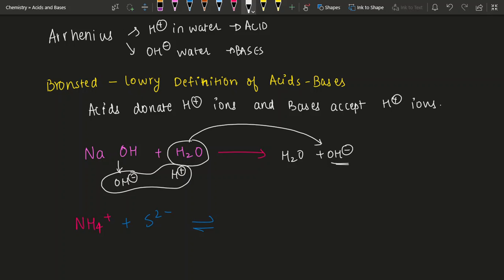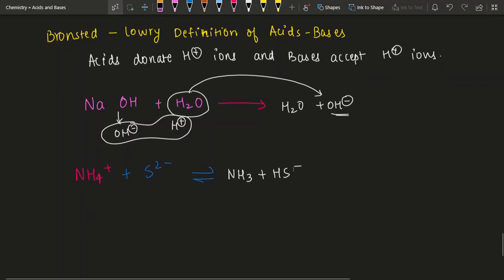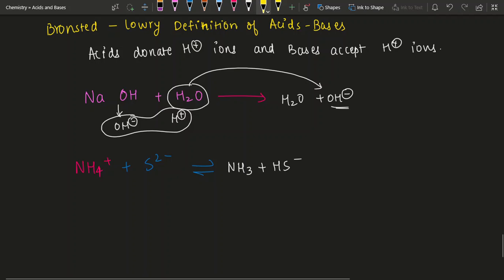But for now, take my word that this forms NH3 and HS minus. And what this means is that the NH4 ion gives its H plus to S2 minus.